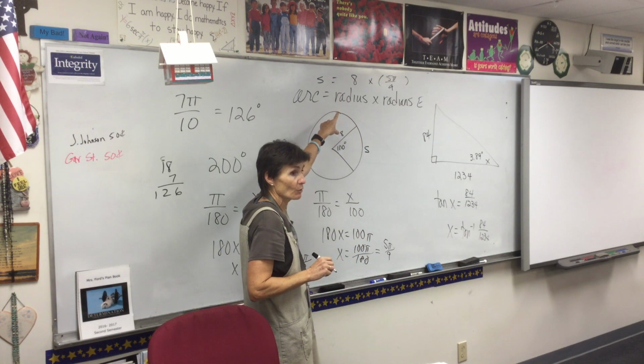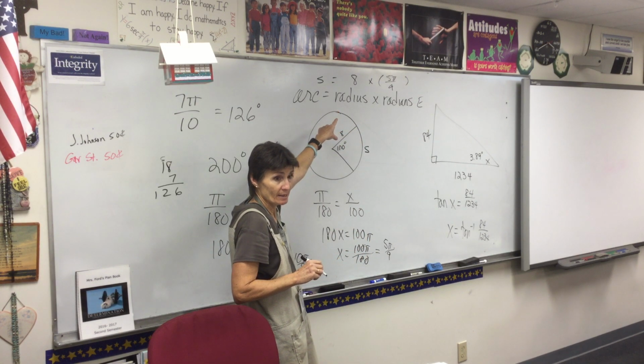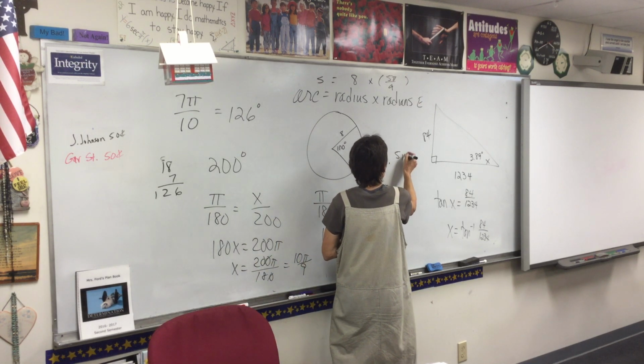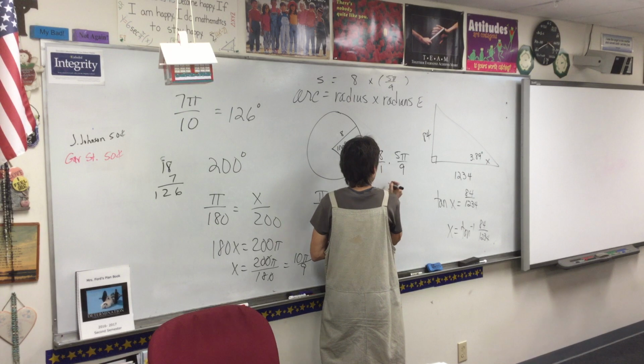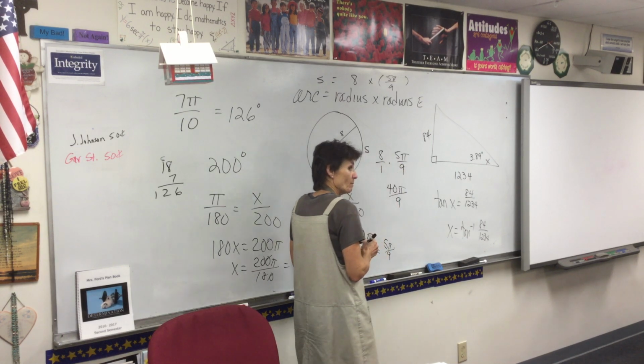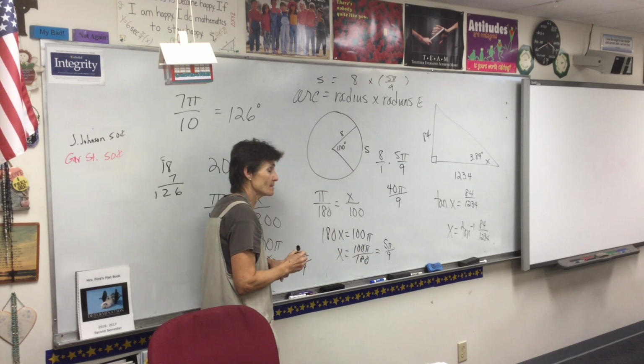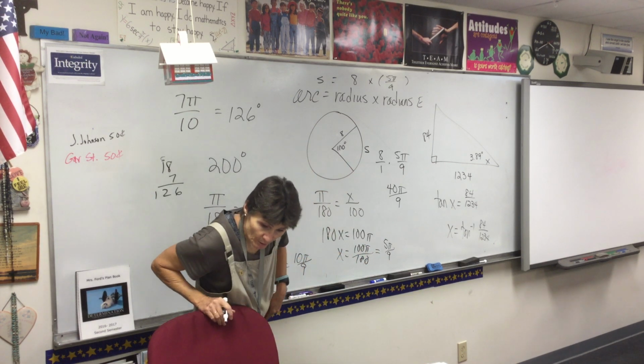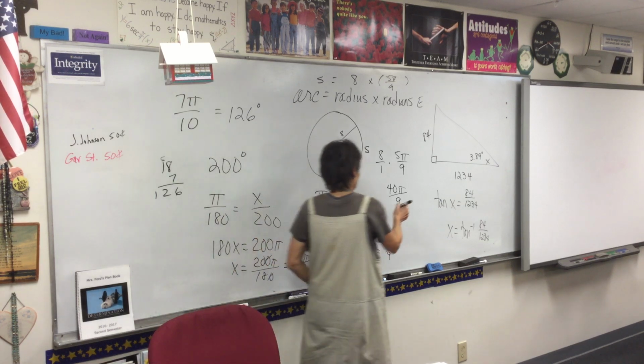To get the answer, we have to multiply it by 8. So 8 over 1 times 5 pi over 9, 40 pi over 9. We multiply straight across when we multiply fractions. And the unit on that would be feet.